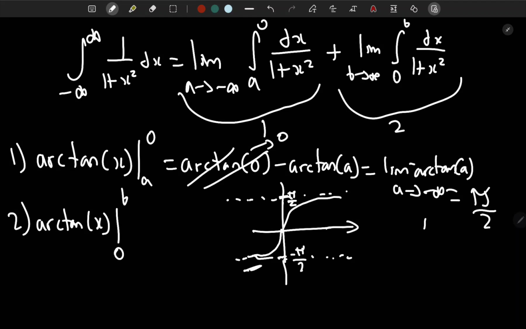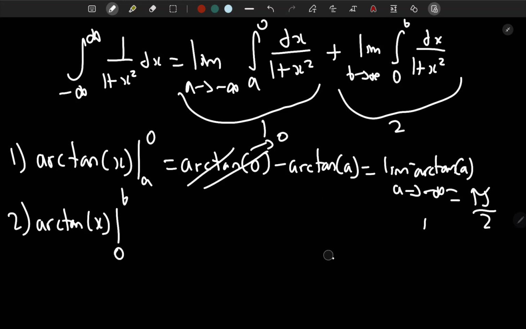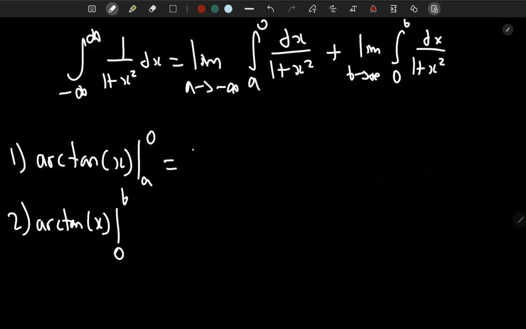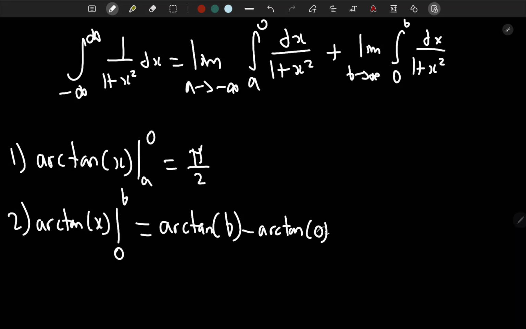So now let's move on to the next limits. Let me erase and make more space here. This was pi over 2, so I'm going to erase everything else. So this is going to be equal to arc tan of b minus arc tan of 0, which is 0.